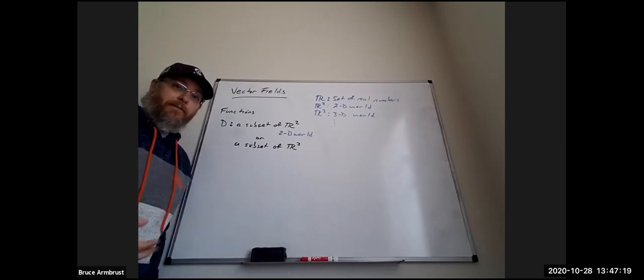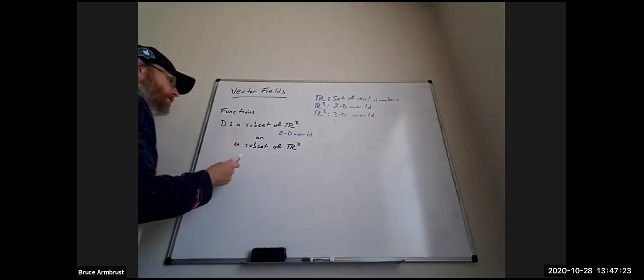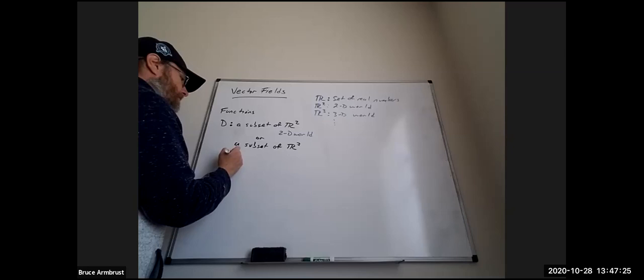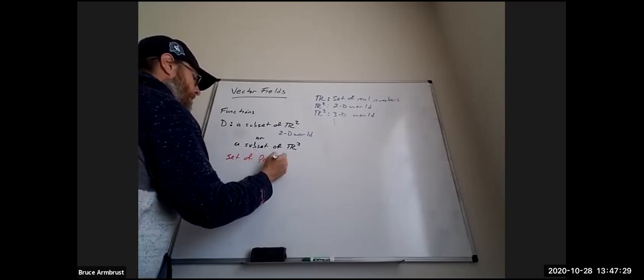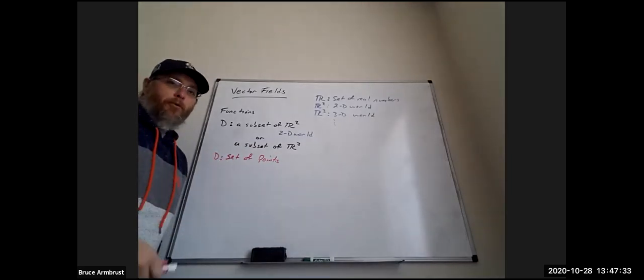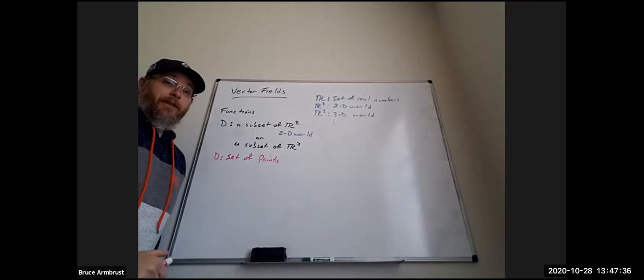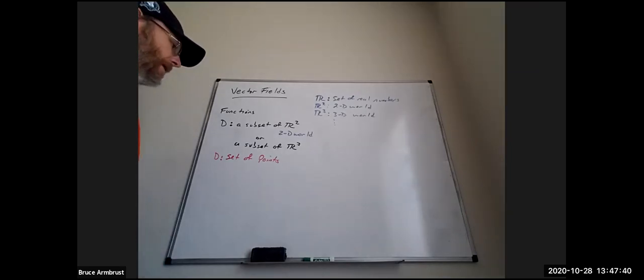We're putting in points, basically. That's another way to think about this, is that the domain is just a set of points. So we're going to be plugging in points from whatever dimensional world we happen to be in. All right, so that's the domain.